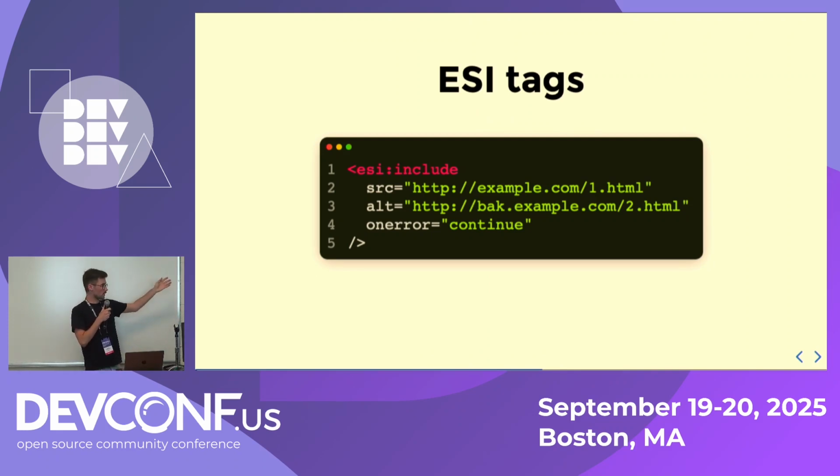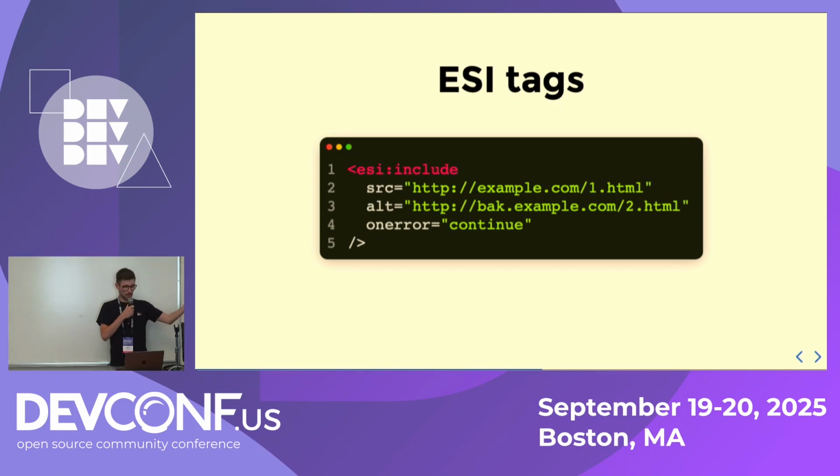So what are the ESI tags? You can define them like HTML tags. So you have ESI include for a new resource. You have a source, an alt to display when your source isn't available, and an onerror.